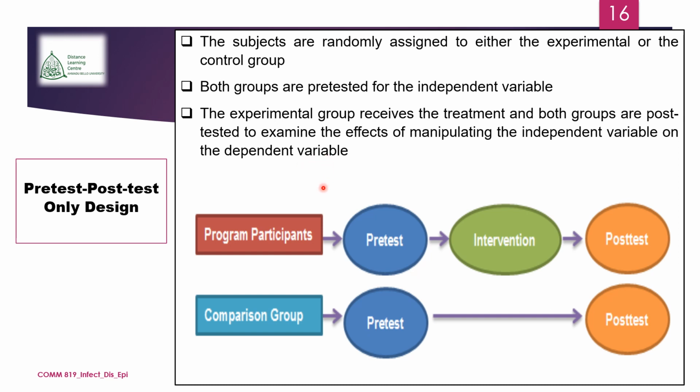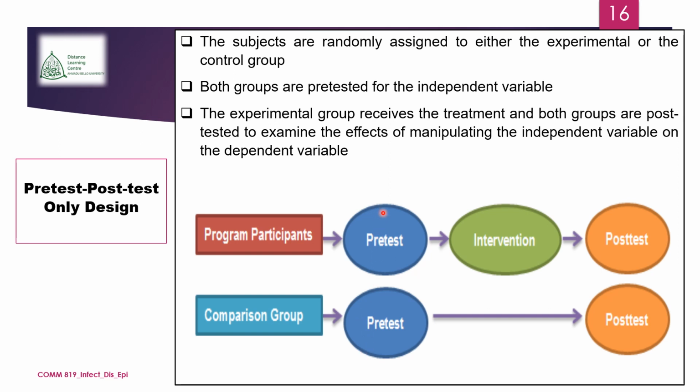Okay, in a simple chart, you have program participants. This is the experimental group and this is the comparison group. Before intervention, both groups were pre-tested. You took their baseline data.